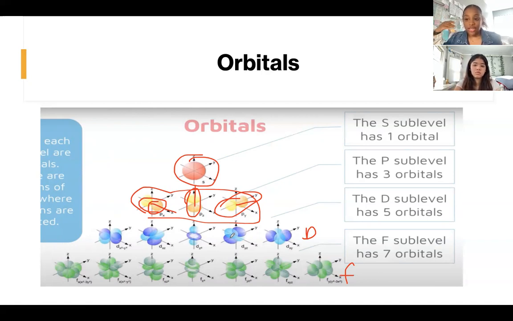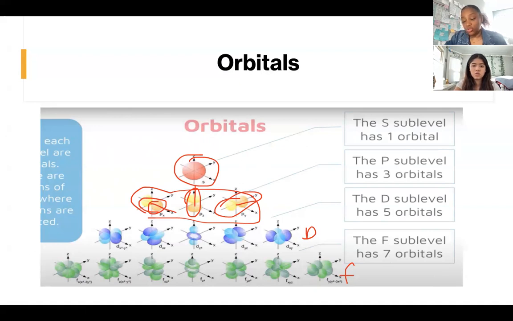But as you go down, it becomes a lot more difficult to describe what shape it is. So usually we're not even going to describe what those shapes are. Sometimes some teachers will ask you to describe them, but that would be really mean. That's not really the goal there. The goal is for you to understand how many orbitals there are and how many electrons are going to be present. Okay.